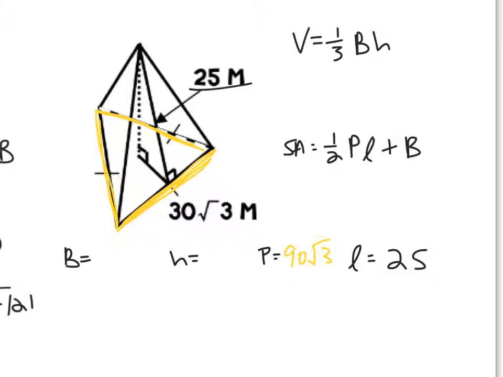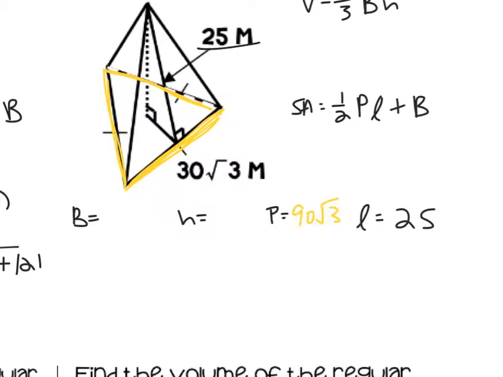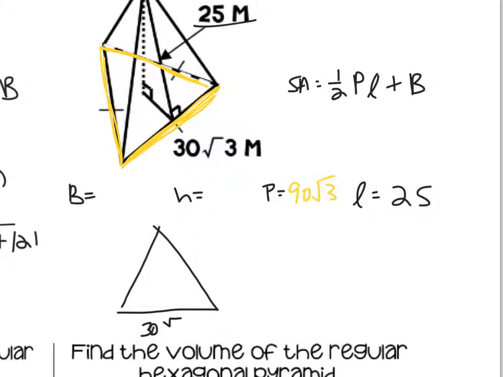Alright, so then I need to find area of the base. So I'm going to draw my base separately, just like I said is a good strategy. My base here is an equilateral triangle. So here's my beautiful drawing, I know you think it is, 30 square root 3.